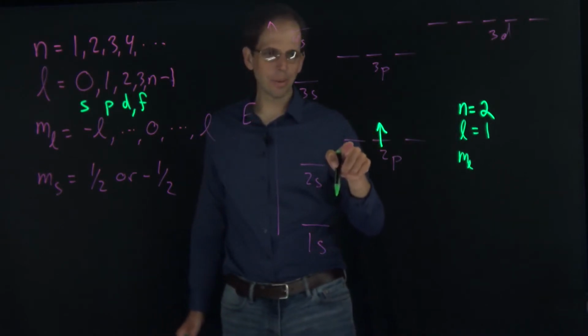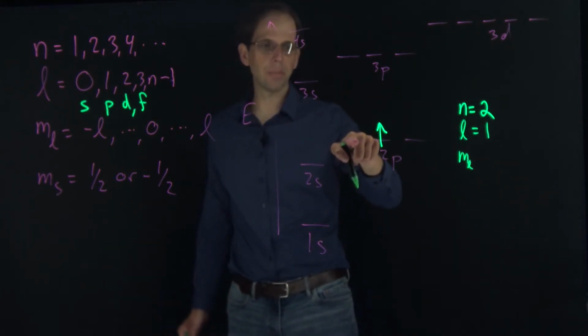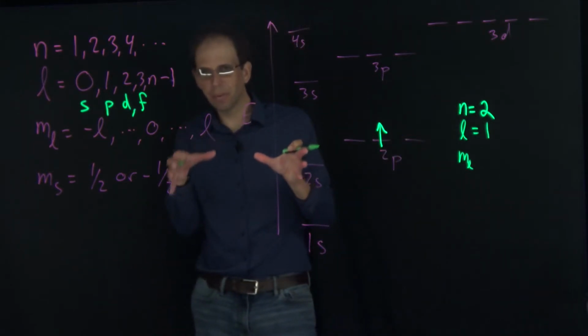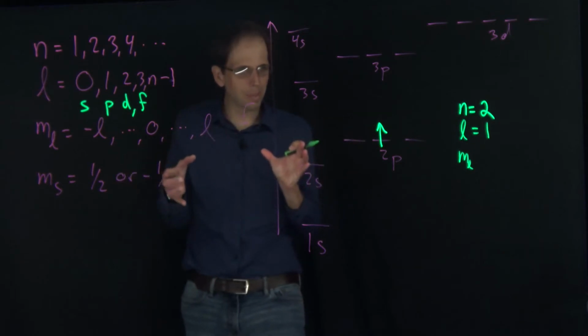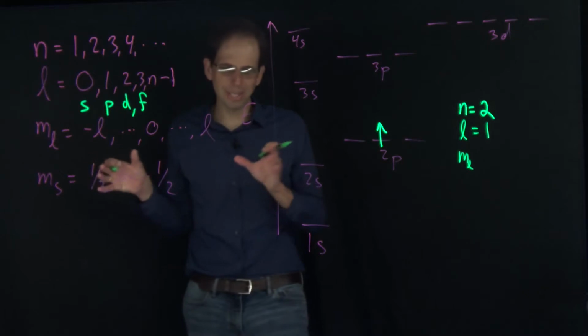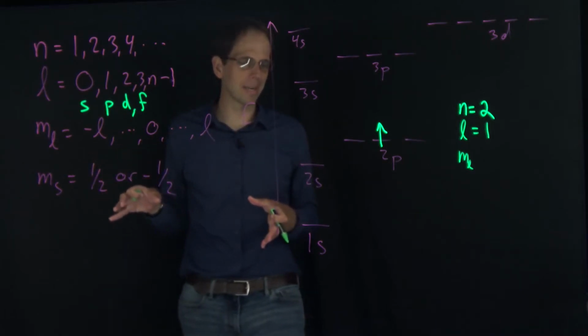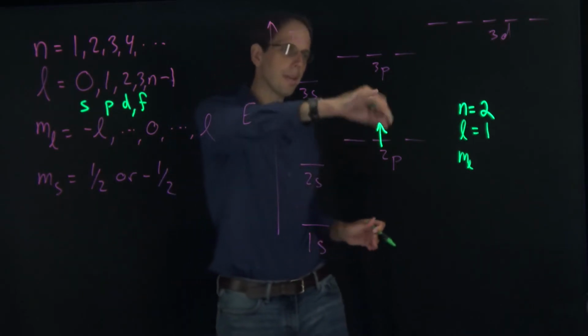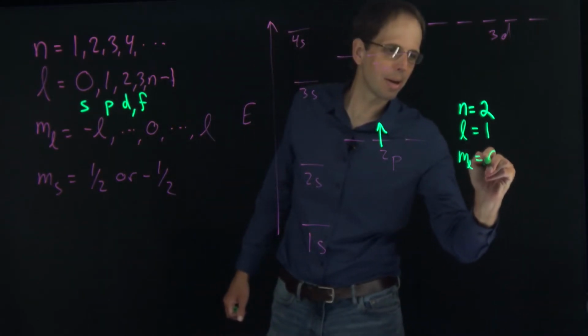Now, actually, we've talked about how typically we think of these as the 2px, 2py, and 2pz. It turns out that those three orbitals don't directly correspond to m sub L equals -1, 0, or 1. There are some subtleties that are really beyond the scope of this class, so it's not such a big deal which you call it. Since I put it in the middle one, I'm going to call this m sub L equals 0.